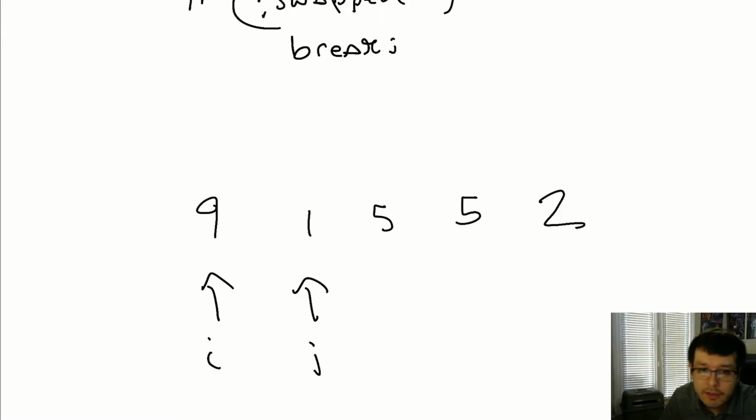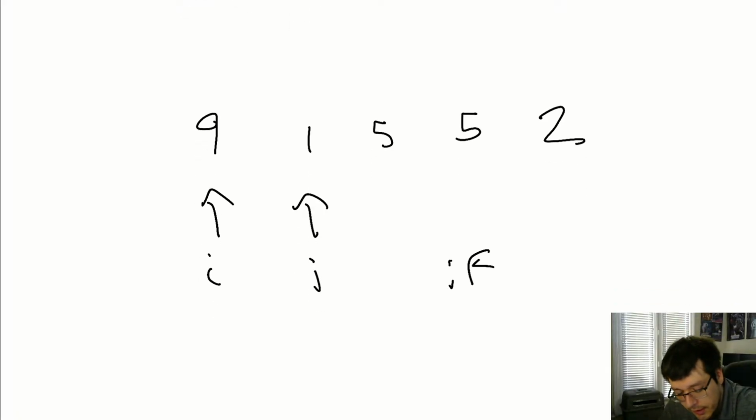That's one way you're looking at it. Another way you can look at it is to say, if i is greater than j, then swap it. Or you can say if j is less than i, right? It's the same thing. By i and j I mean the contents of those.